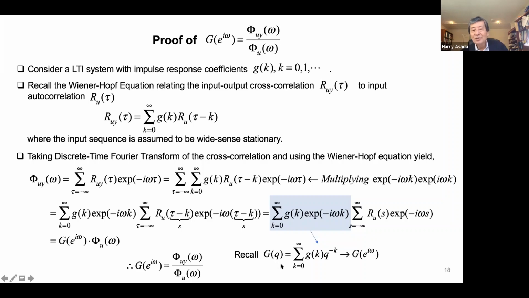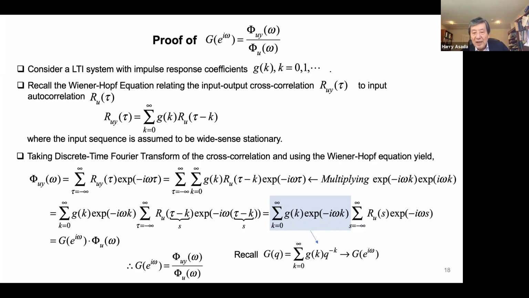And we wrote the transfer function, or transfer operator, using this expression where the impulse response is directly involved, right? And then time shifted in this way. So this is actually a polynomial with respect to q inverse.